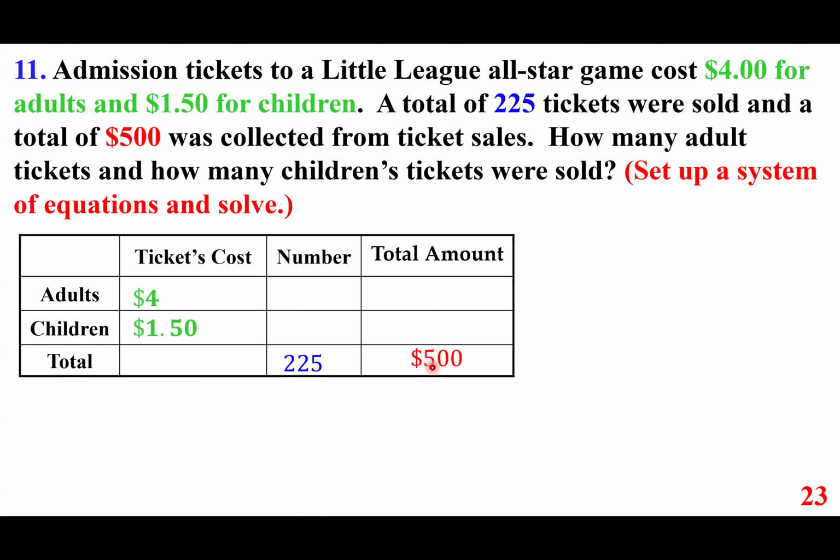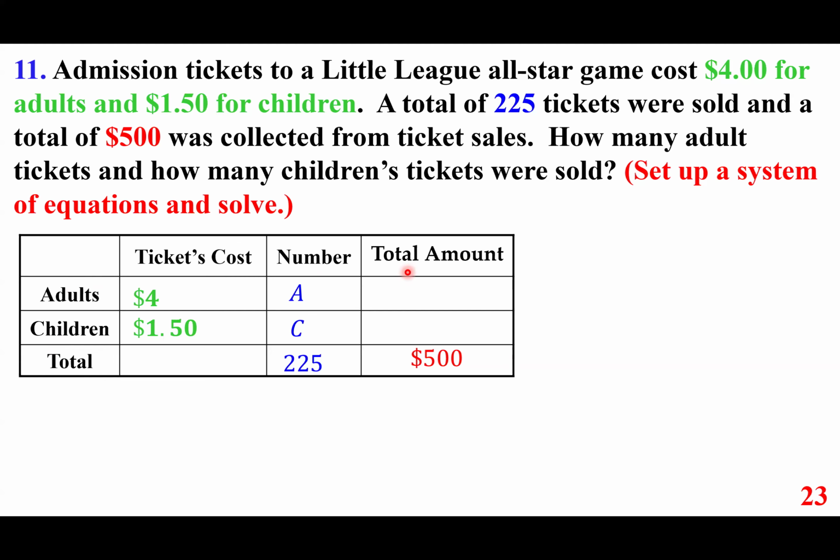Now, how many adults, how many children? You can go with x and y. I'm going to go with the initials, A and C. It's easier to remember. Obviously, A represents the number of adults. C represents the children. So that's one way to do it, to remember what you picked. Although the table is telling the reader what A represents, or x for that matter.